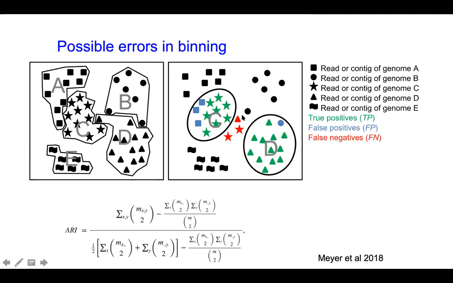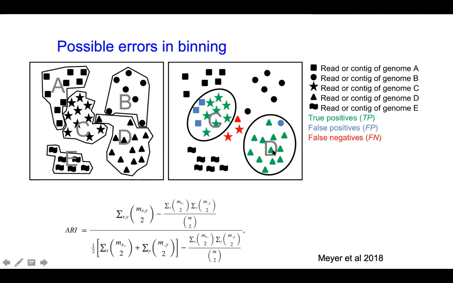On the right-hand side, we see the result of a binning effort. In green, the true positives are represented. In red, false negatives are represented, so things that actually belong in the bin but have not been grouped with the bin. And in blue, false positives are indicated, so things that are grouped in the bin but don't actually belong there.